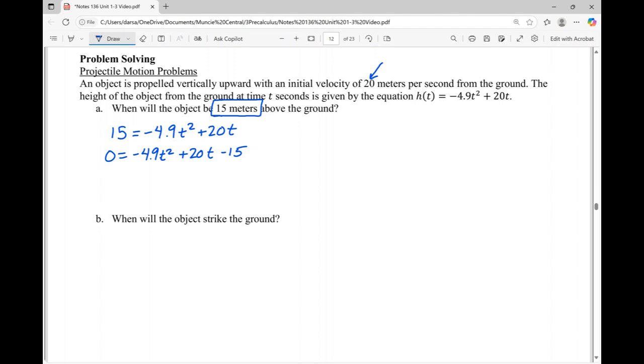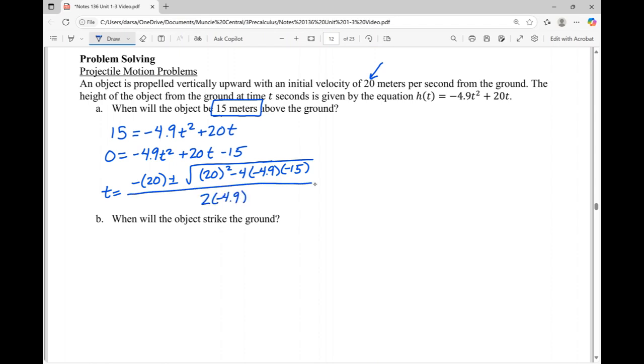Now, I don't know about you, but I don't want to factor something that has a decimal in it, and this thing looks really ugly. And since there's a t, not just a t squared, we can't use the square root method. So what's our only option at this point? We're going to plug this into the quadratic formula. So t equals negative b plus or minus the square root of b squared minus 4 times a times c, all over 2a.